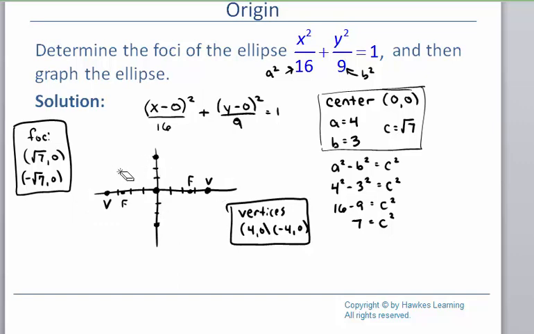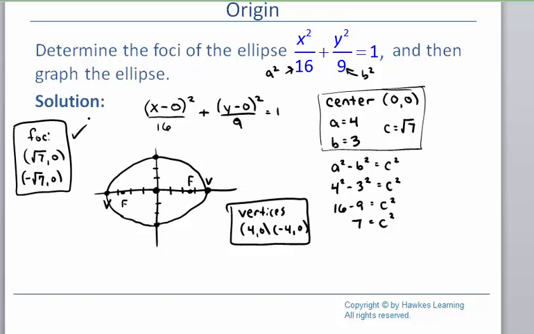Now, I'm going to fix my ellipse. At this point, I should be able to draw it a little more accurately. It's going to come through that vertex, come around through that co-vertex, up and around.